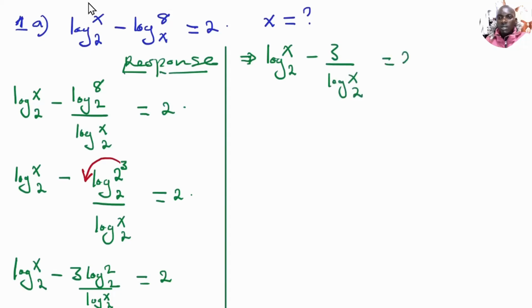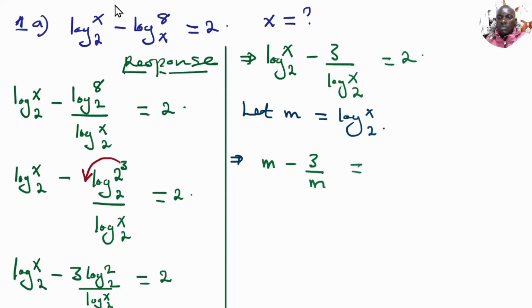being equal to 2. Now from here, let us let m be equal to the log of x base 2, implying that as we substitute in, we are going to have m minus 3 divided by m equals 2. So from here we can eliminate this denominator, which is m, by multiplying through by m everywhere.